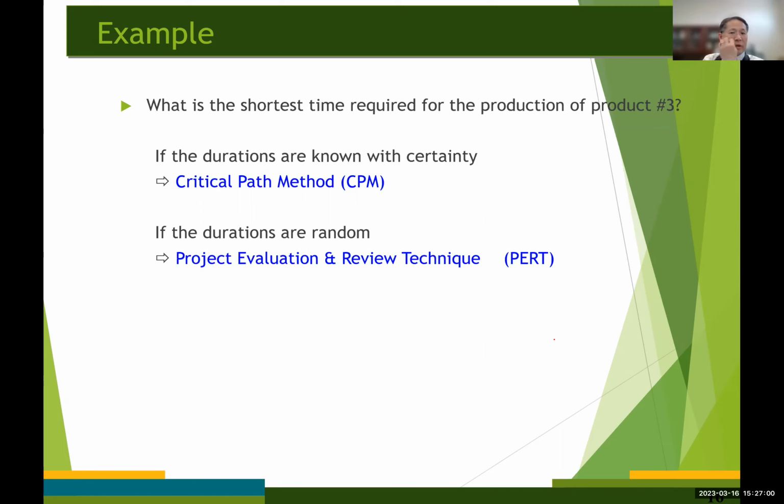If the duration of the activities is not known with certainty, then the program evaluation and review technique, PERT, can be used to estimate the probability that the project will be completed by a given deadline.